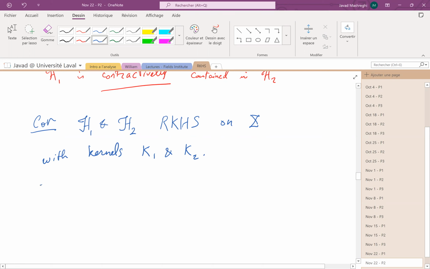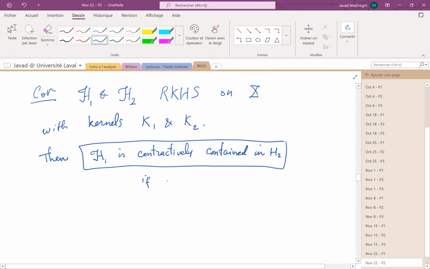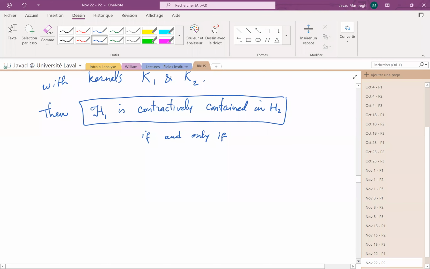Then, a very nice characterization, H1 is contractively contained in H2 if and only if the difference K2 minus K1 is positive.